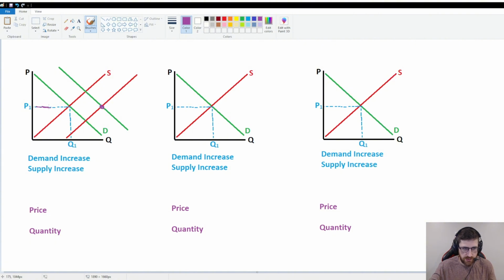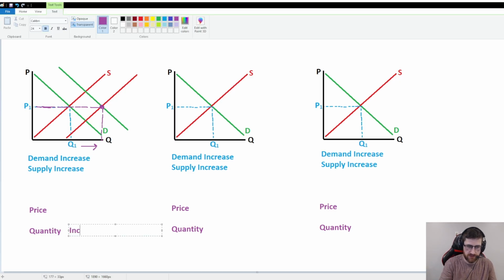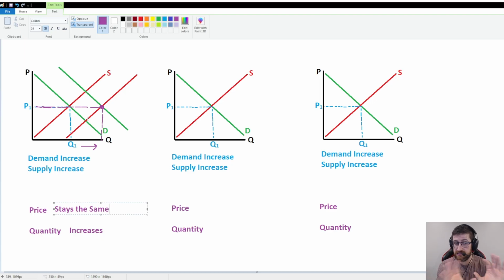And because I drew them moving the same distance, I'm going to get my quantity increases. So we can again say that comfortably. And because I purposely drew it like this, I'm going to say price stays the same. Okay. Again, this is one very particular way of drawing it. I followed the rules, demand increase, supply increase. Price looks like it's the same, quantity has increased.